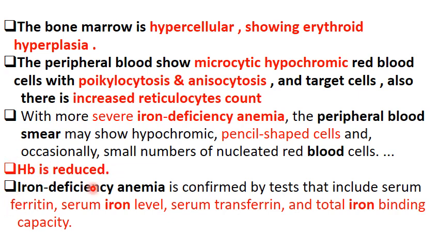The hemoglobin is reduced when we do the CBC, complete blood picture. To confirm the diagnosis of iron deficiency anemia, there are certain important tests which should be done, including serum ferritin, serum iron, transferrin, and iron binding capacity.